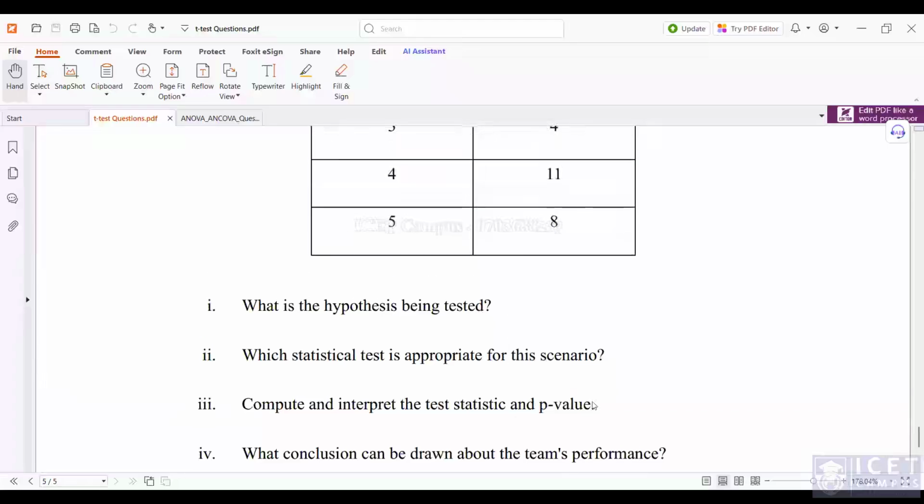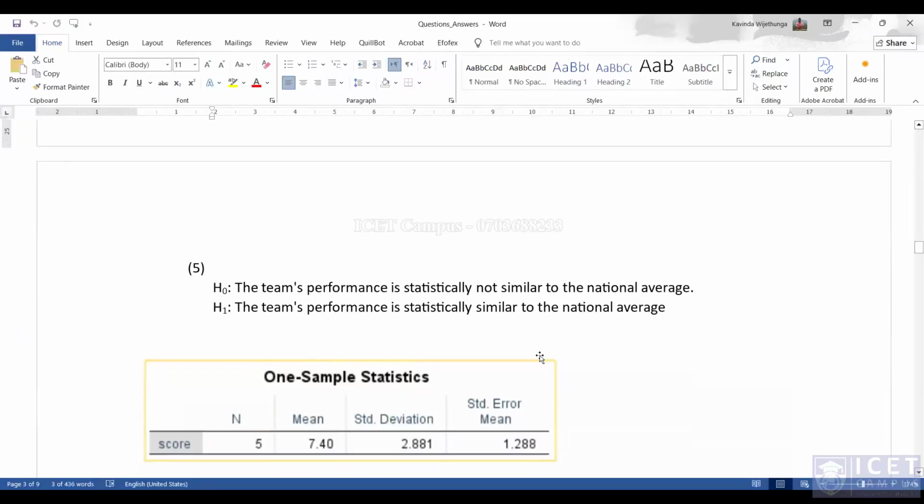Then we can write the null hypothesis and the alternative hypothesis. The null hypothesis: the team's performance is statistically not similar to the national average. And the alternative: the team's performance is statistically similar to the national average. So these are the two hypotheses we can write there.